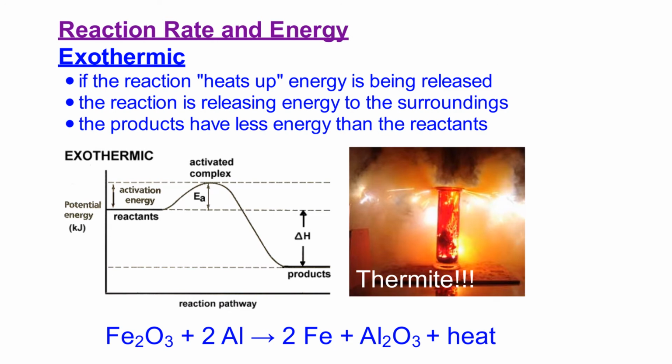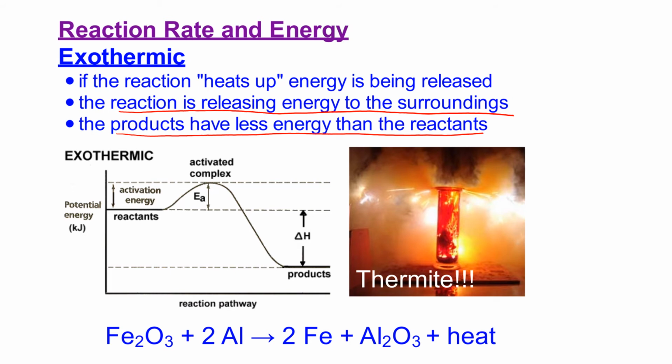So that's when we're thinking about things getting really hot, explosions maybe happening, things like that. And because the reaction is releasing the energy to the surroundings, it means that the products are going to have less energy than the reactants, because that energy that the reactants had is being released to the surroundings. So we can take a look at an example here of thermite.